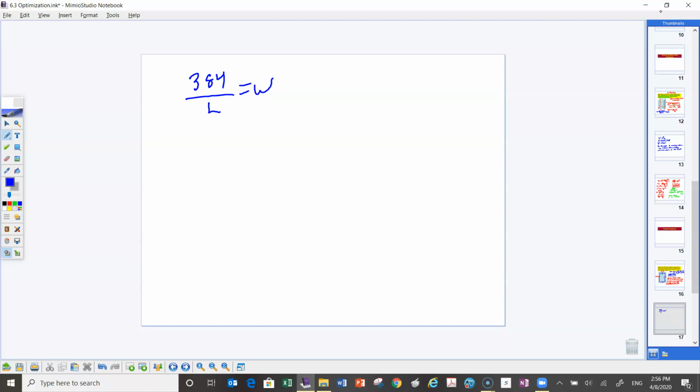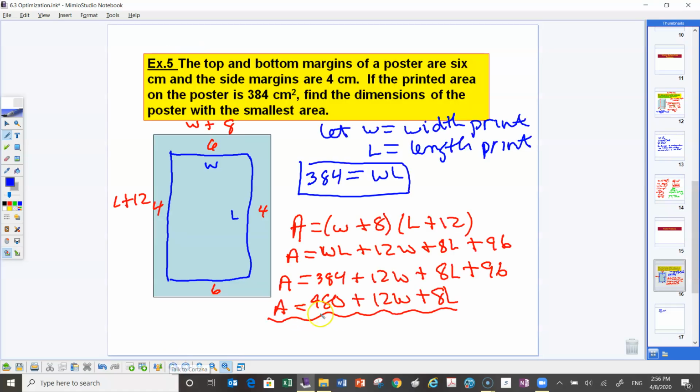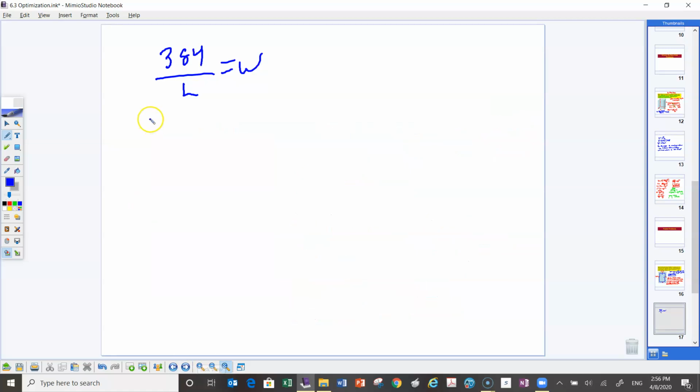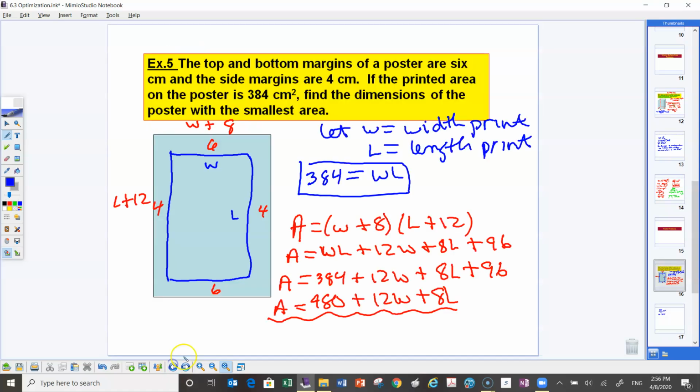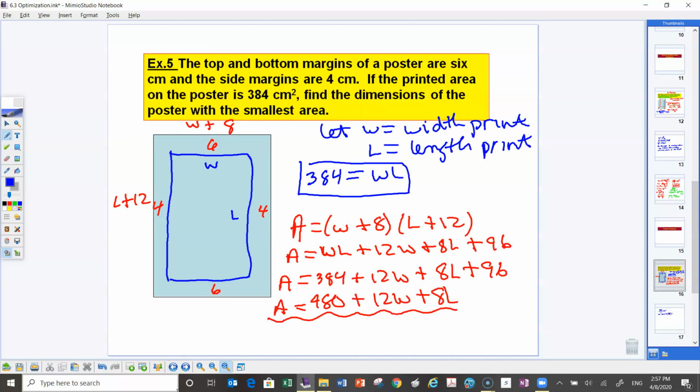Now I am going to substitute that into my area equation. So area is going to equal 480 plus 12W. In place of W, I'm putting 384 over L, plus 8L.